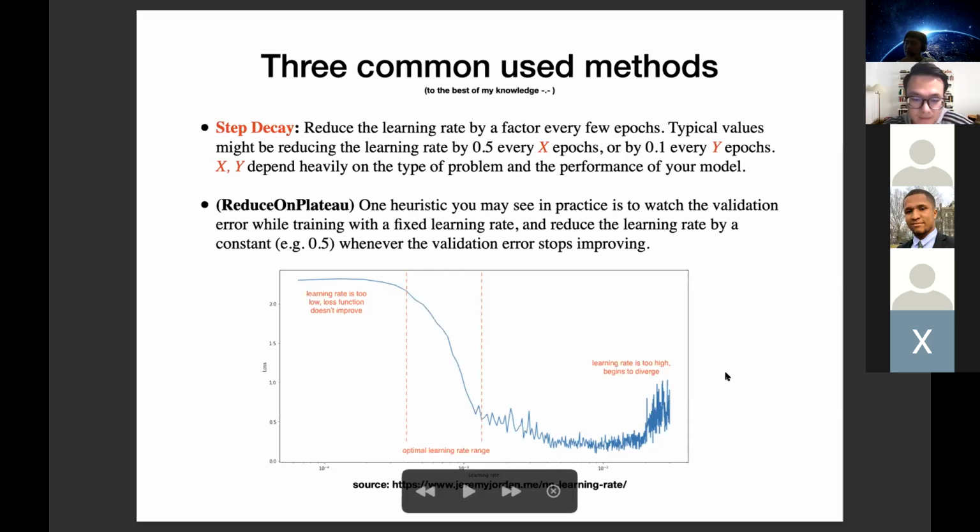As in this figure, if your validation loss is not decreasing, you may need to decrease your learning rate. You can use PyTorch or TensorFlow tools to see your validation loss. If it is not decreasing, you need to decrease your learning rate.